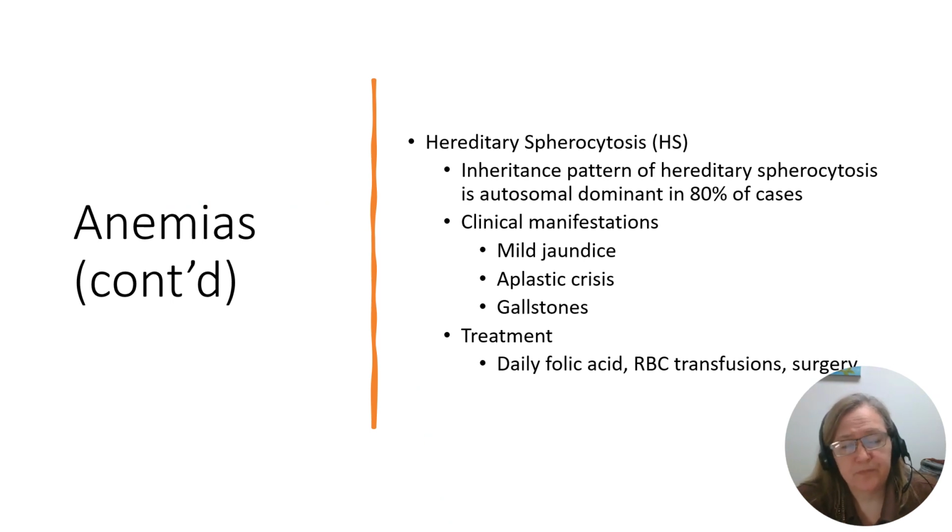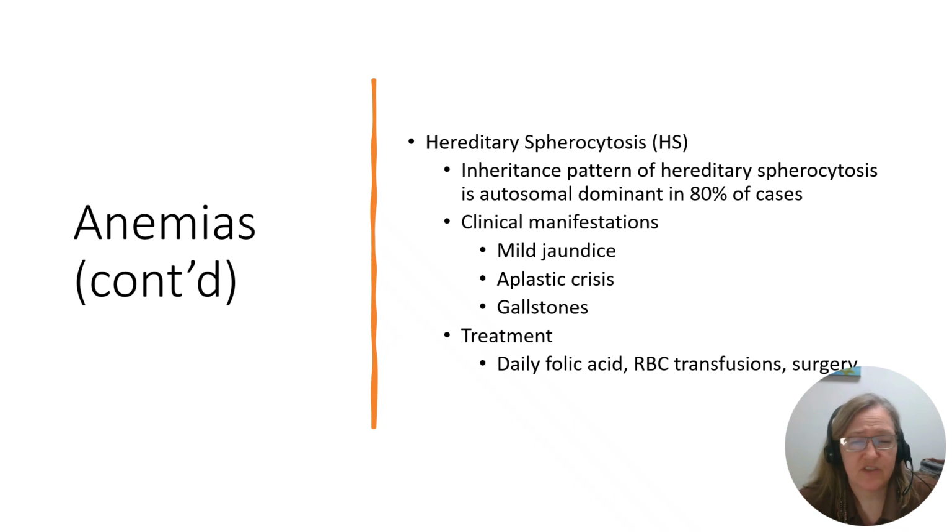So hereditary spherocytosis is not on the final, so I'll just touch on it briefly. The inheritance pattern of hereditary spherocytosis is autosomal dominant in 80% of the cases. The clinical manifestations are mild jaundice, aplastic crisis.